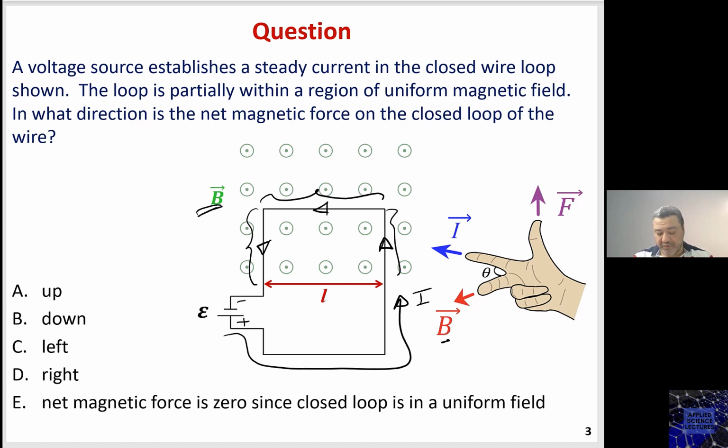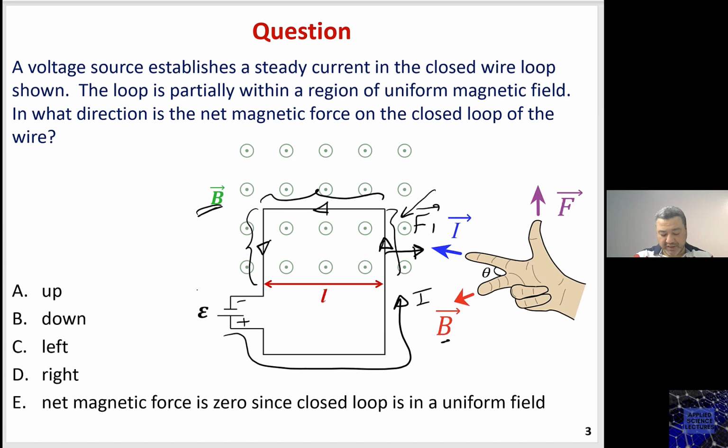So if I'm looking now at this part, the current is going up. The index finger is the direction of the current, and the magnetic field is out of the page. Then the force on this side would be going this way. I'll call this one F1.